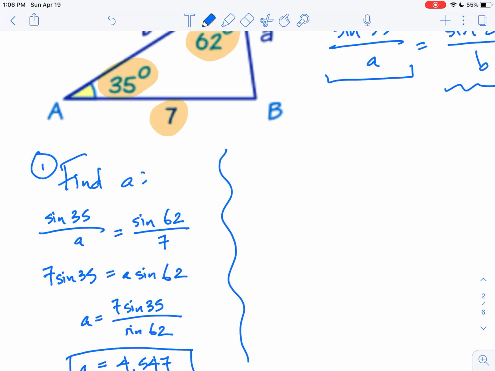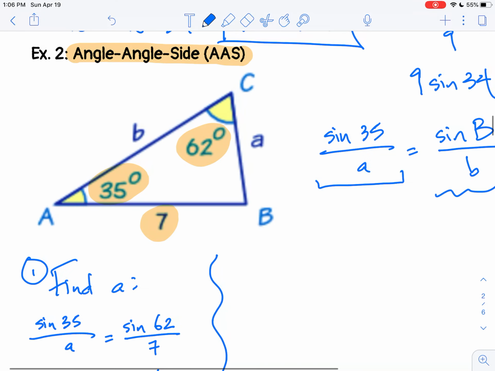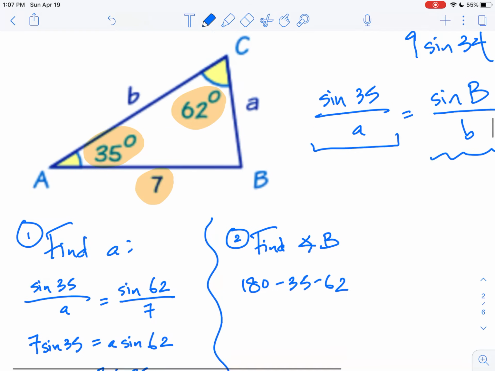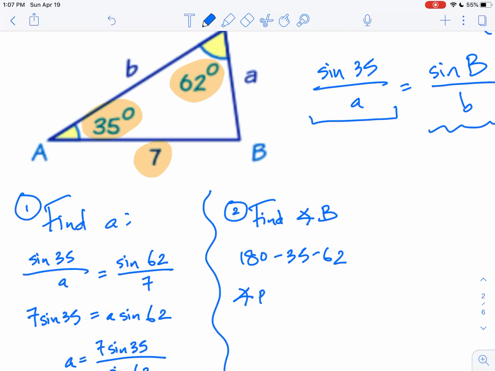Now, some of you may have looked at this problem and said, well, I have 2 of the angles, so let me go ahead and find the third angle first, and that's absolutely fine. And we can do that by doing 180 minus 35 minus 62, and that will give us angle B equals 83 degrees. Okay?